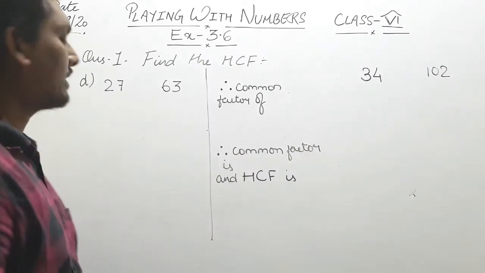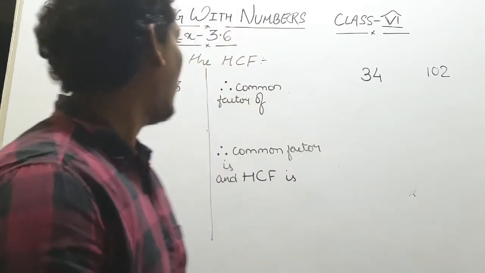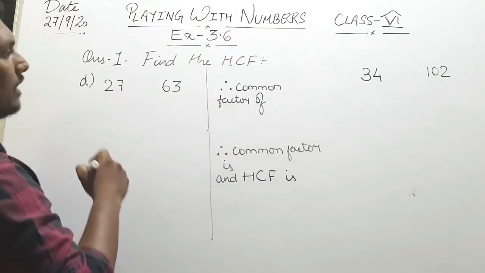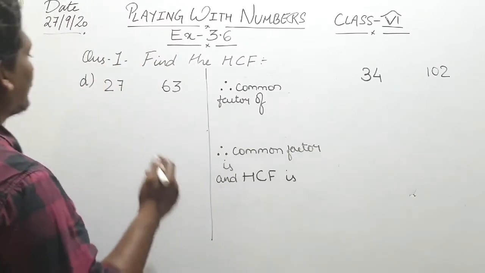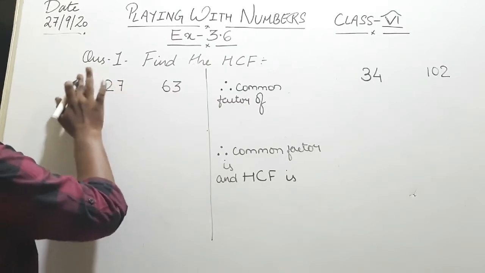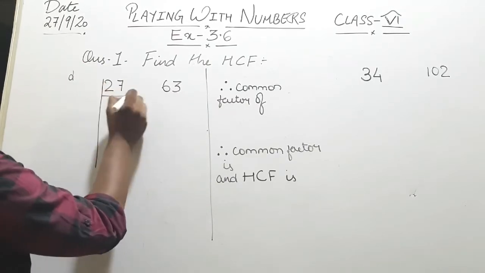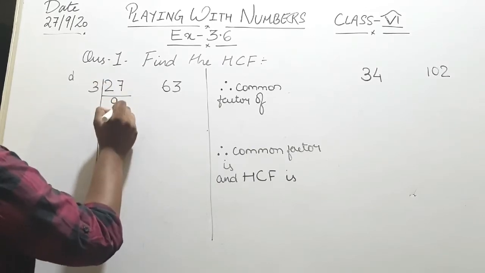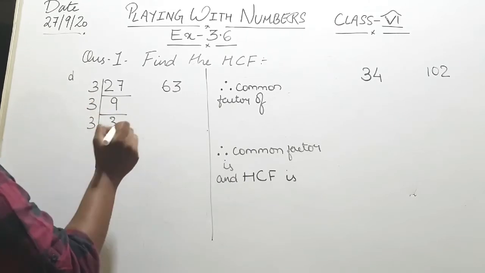Okay, now come to the next question, question number D. And the last I will tell you what are the questions for homework, right? So 27, 3 9s are 27, 3 3s are 9, 3 1s are 3.